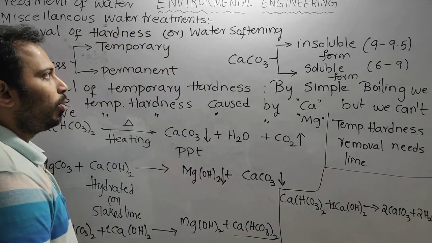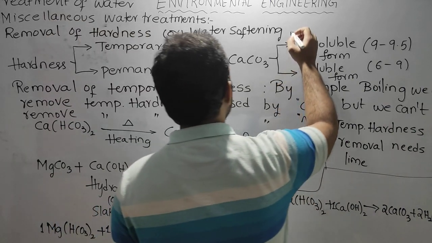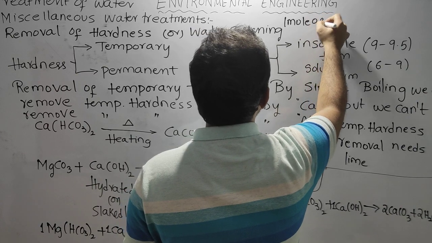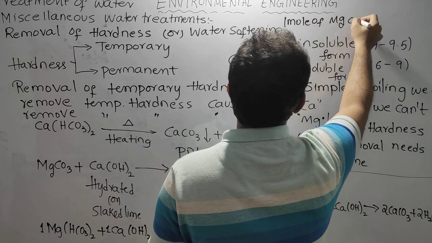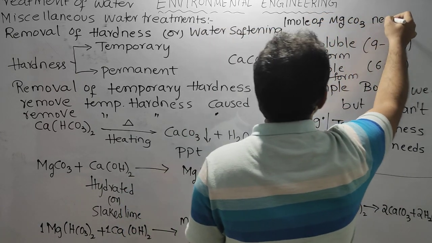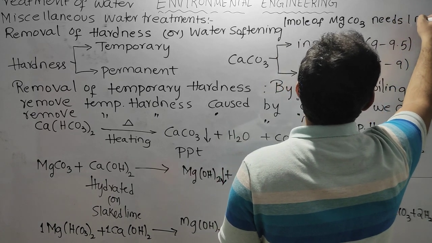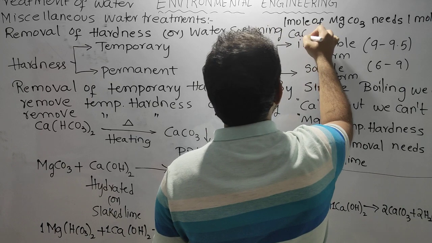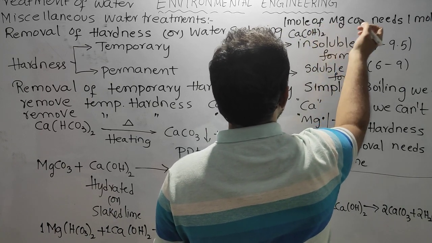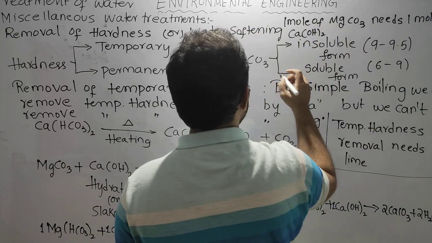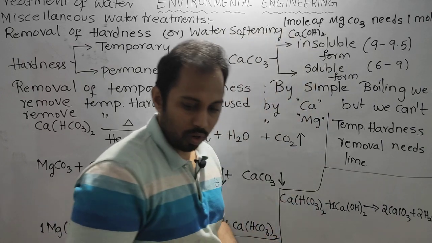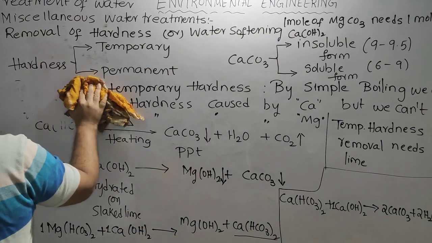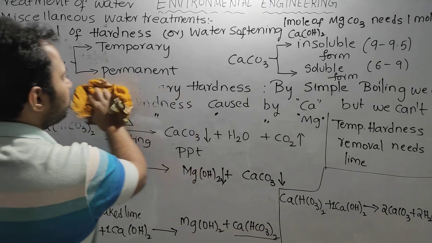So 1 mole of MgCO3 needs 1 mole of Ca(OH)2 or hydrated lime, but 1 mole of Mg(HCO3)2 needs 2 moles of lime.